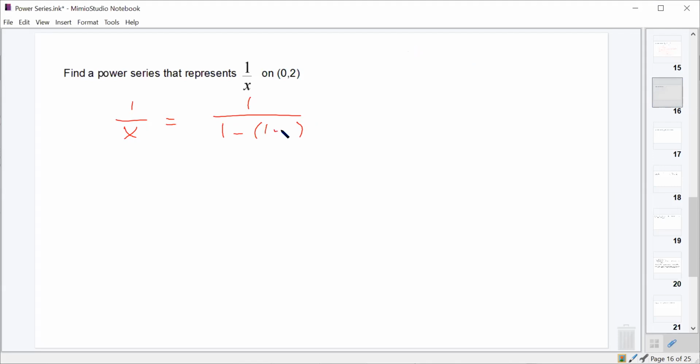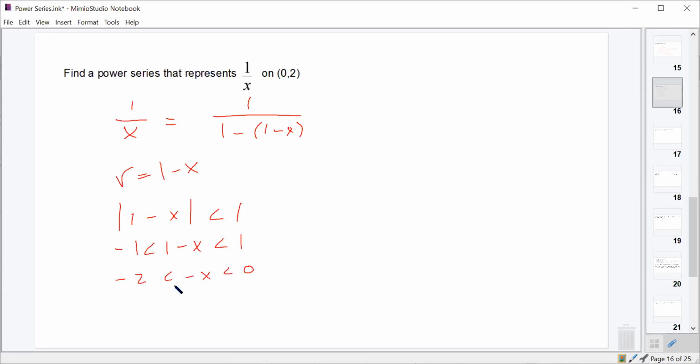Okay. 1 minus the 1 is 0, and then the negative x is a positive x. So that would tell us that our r is 1 minus x. Our common ratio should be 1 minus x. And we want to make sure that that gives us this particular interval that was requested, 0 to 2. So take your common ratio, put it in absolute value, set it less than 1, and solve the inequality. Subtract the 1 gives you a negative 2.